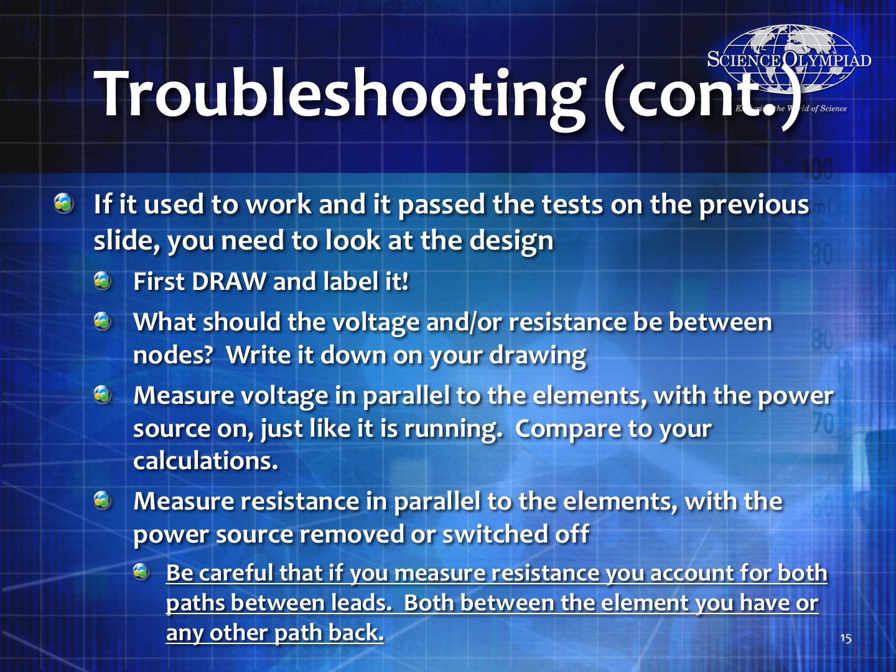You also need to measure the resistance in parallel to the elements with the power source removed or switched off. Now, be careful, because when you measure resistance, you have to account for both paths between leads. Okay, so you have to look and see if there's any other type of paths.